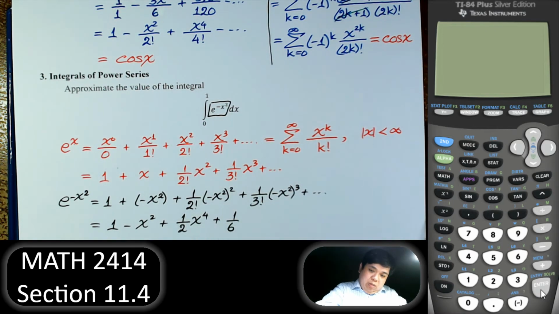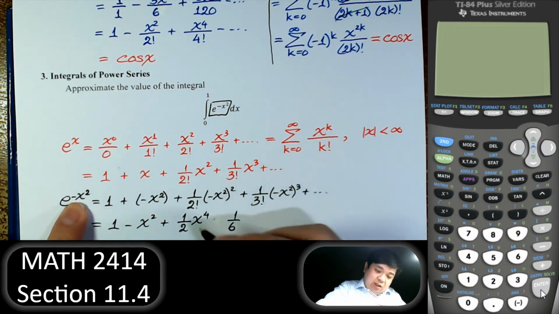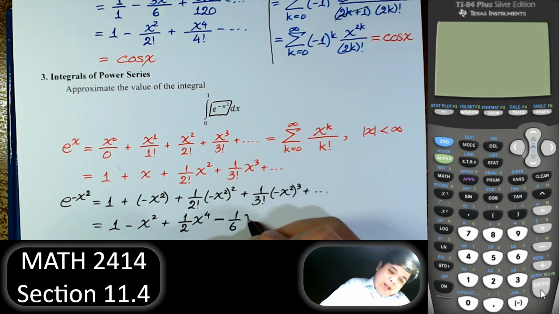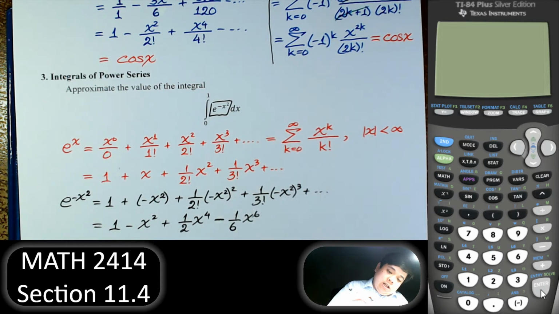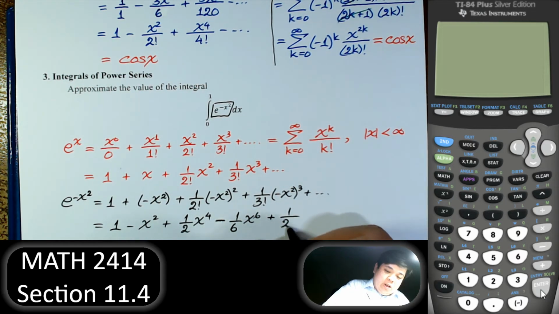By the way, this will be minus. The reason the sign is alternating now is because of the negative. And then the next one will be plus 1 over 4 factorial, which is 24, x to the 8, and so on.